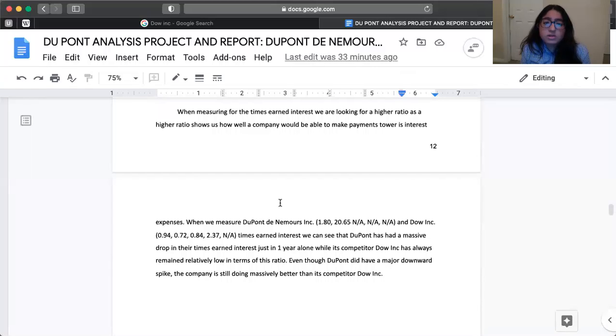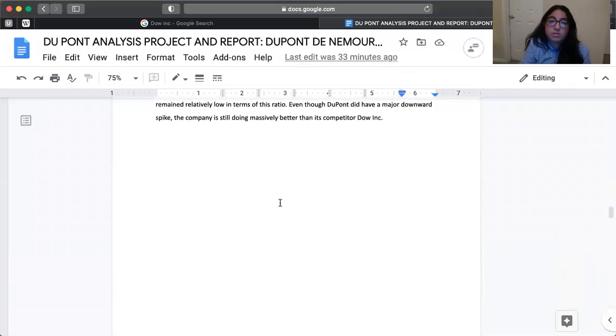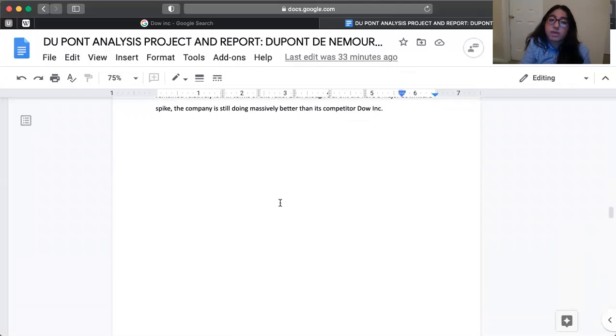When we measure DuPont and Dow times earned interest, we can see that DuPont has had a massive drop in their times earned interest just in 1 year alone, while its competitor Dow has always remained relatively low in terms of this ratio. Even though DuPont did have a major downward spike, the company is still doing massively better than Dow.